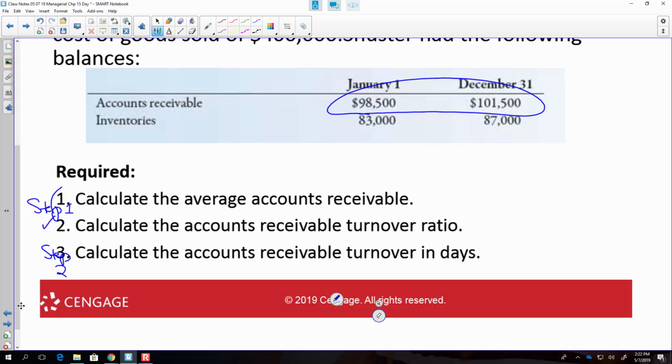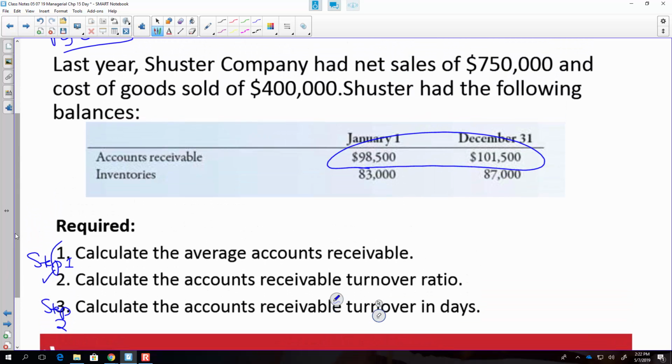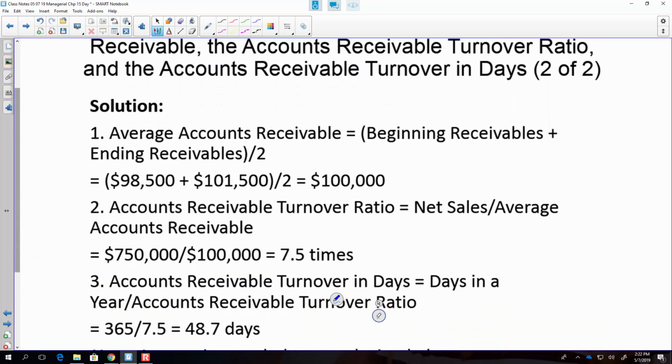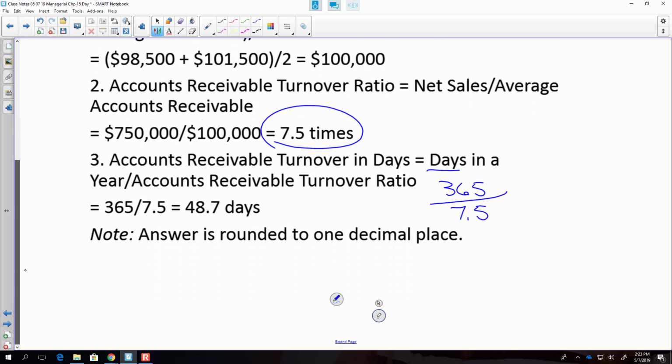Average receivables. Once we have the average, we divide that into sales. What's our sales number here? 750. And they get a ratio of 7.5. So how many days is that? You will always use 365 for the days, and we get 48.7 days.